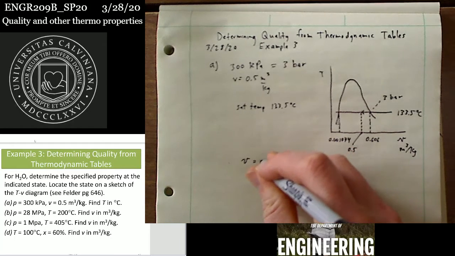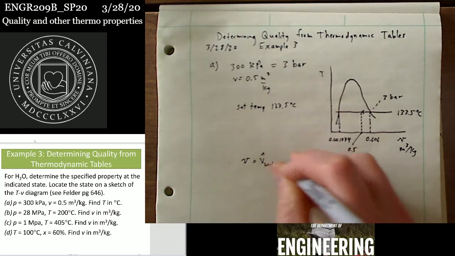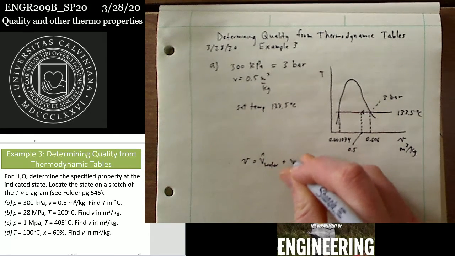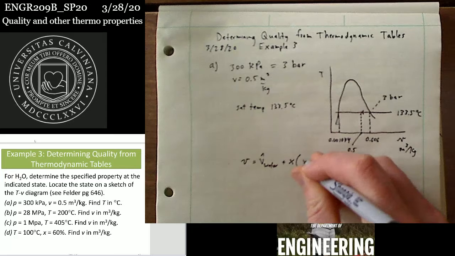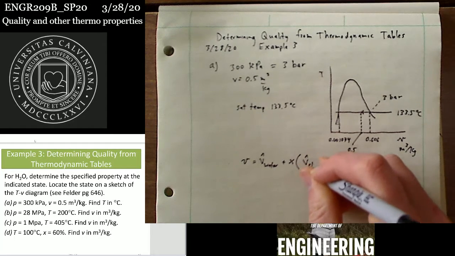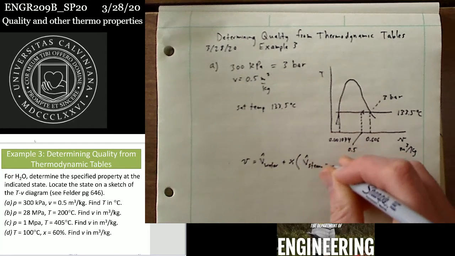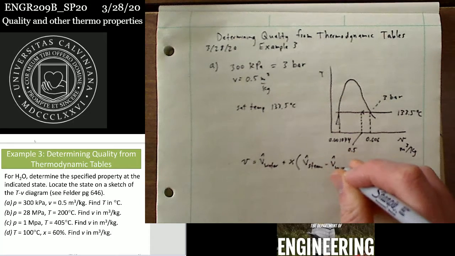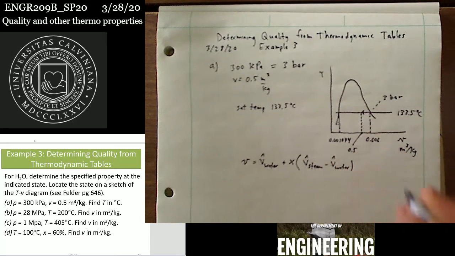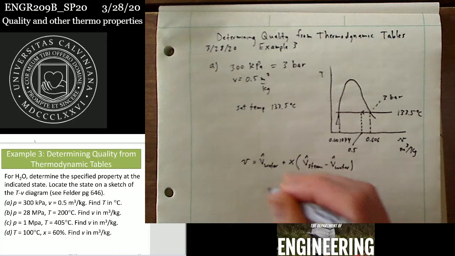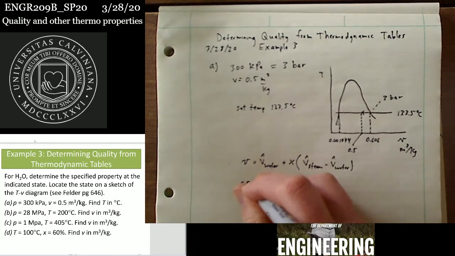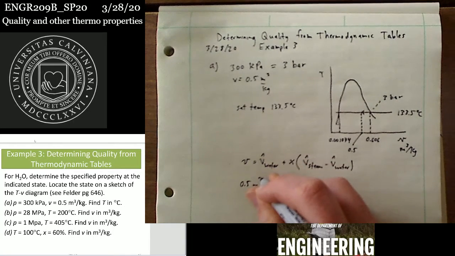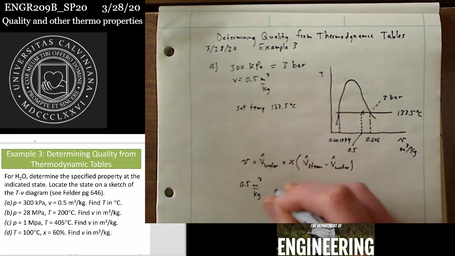Then we have to incorporate the specific volume for water plus quality times specific volume for steam minus specific volume for water. So we know this is 0.5.